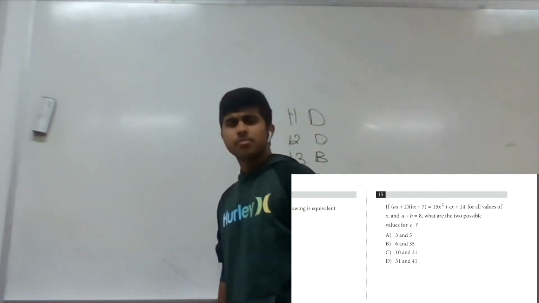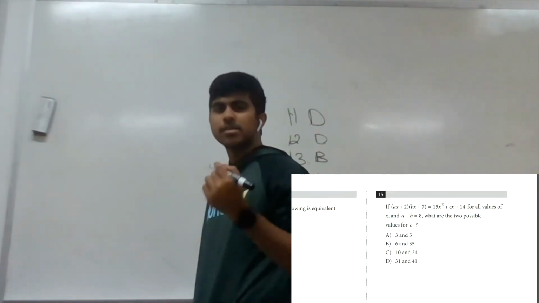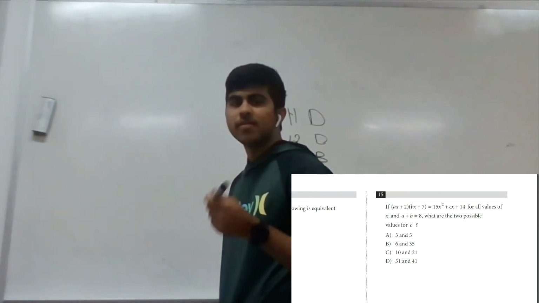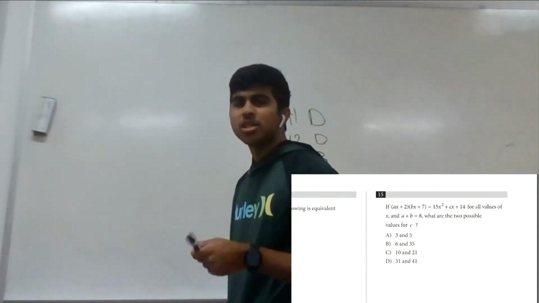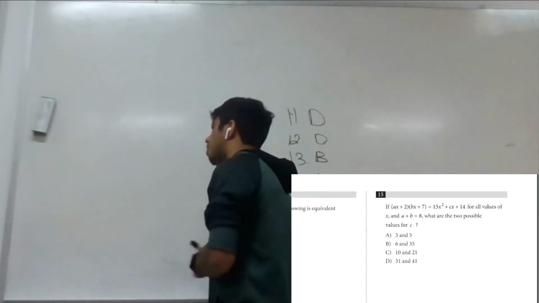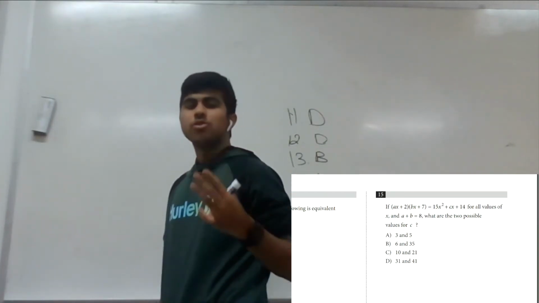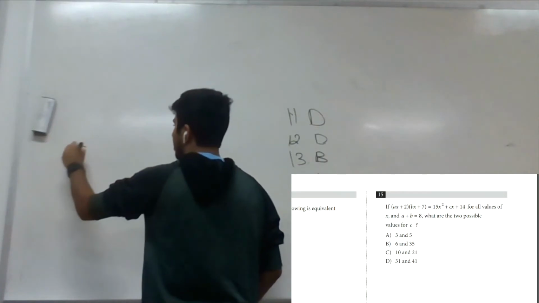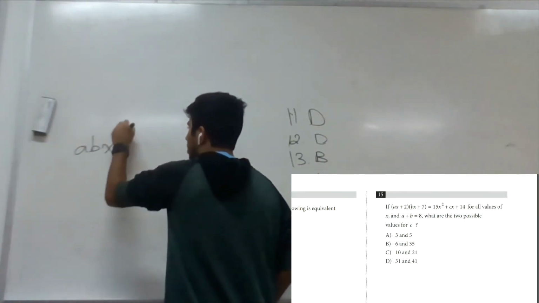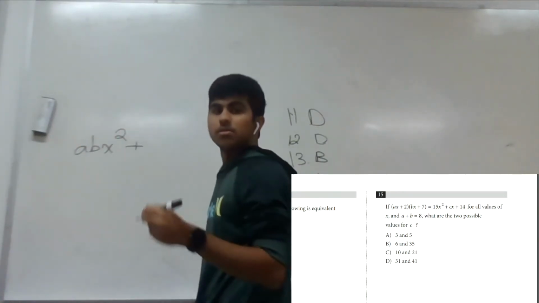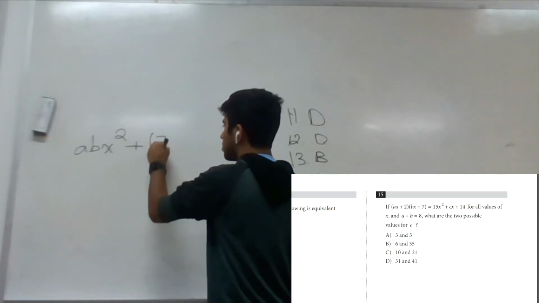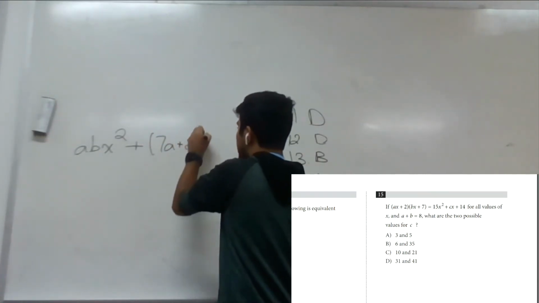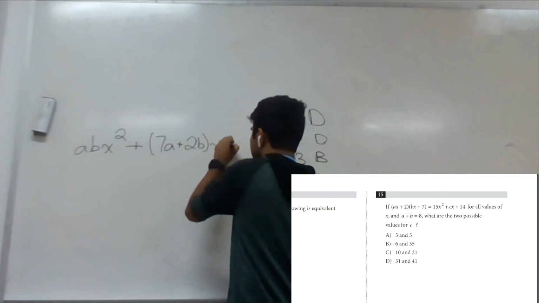15. If (ax plus 2)(bx plus 7) equals 15x squared plus cx plus 14 for all values of x, and a plus b is 8, what are the two possible values for c? Okay, so (ax plus 2)(bx plus 7). If I FOIL that out, I get abx squared plus (7a plus 2b) times x plus 14.